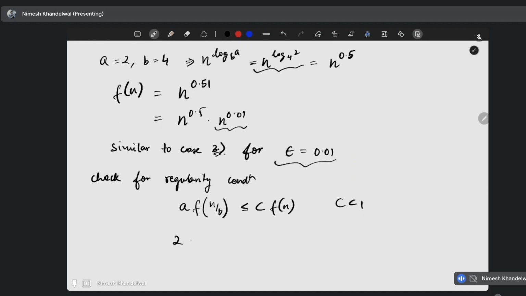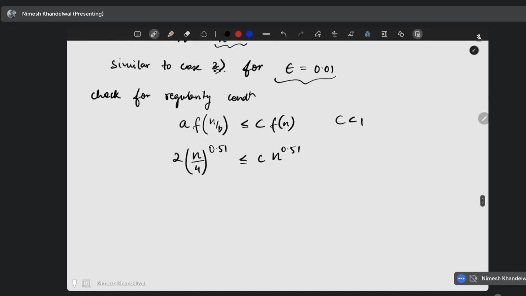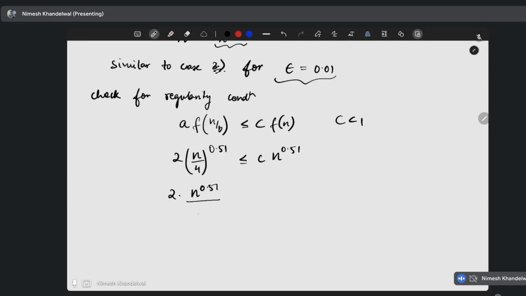So 2 times (n/4) to the power 0.51 is less than or equal to c times n^0.51.